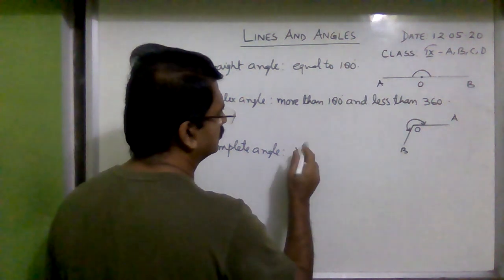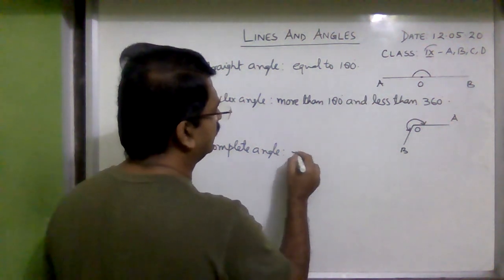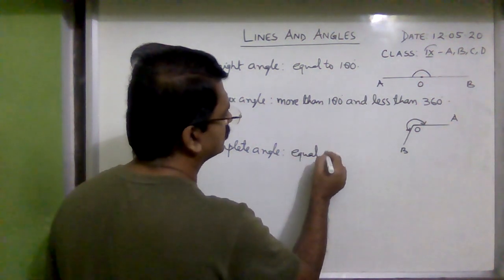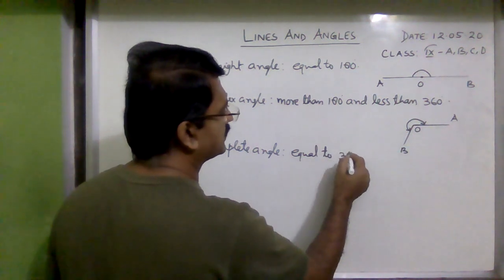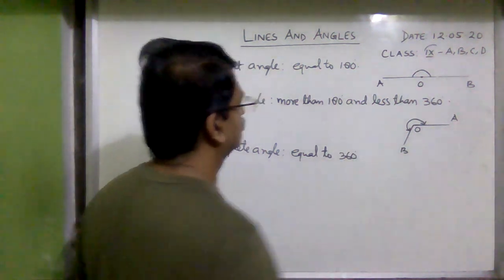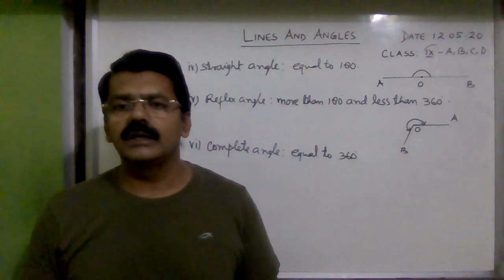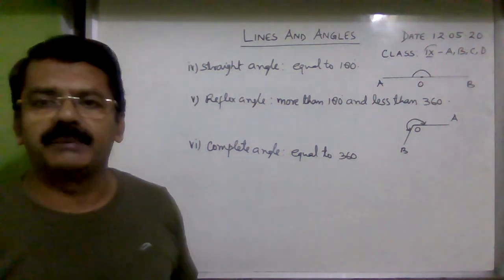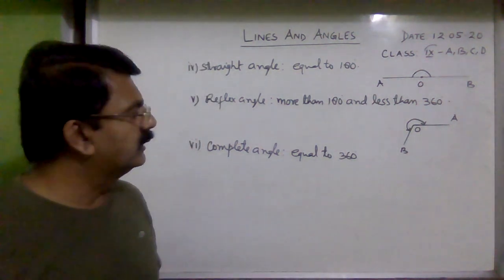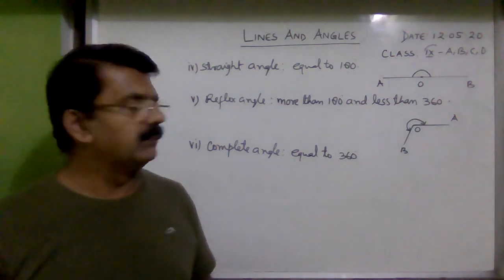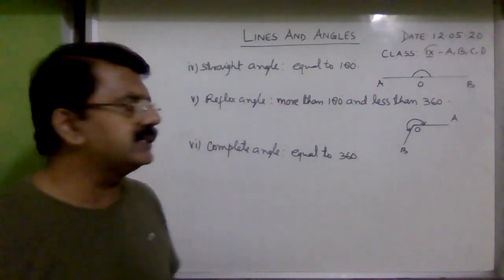An angle equal to 360 degree will be called a complete angle. I repeat, an angle equal to 360 degree will be called a complete angle.